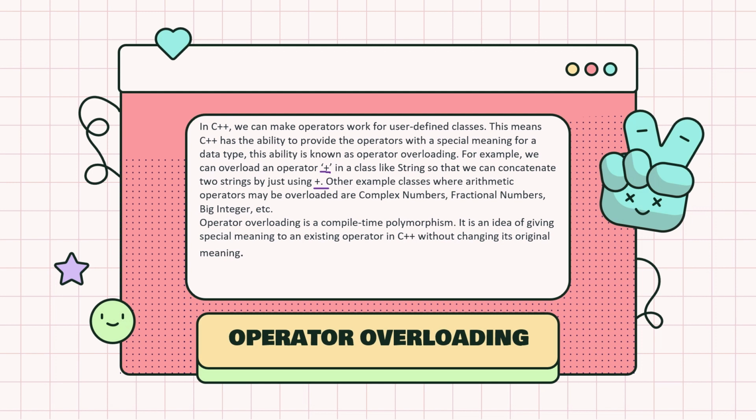The user gives a definition of a particular operator inside the class. Other examples are arithmetic operators.